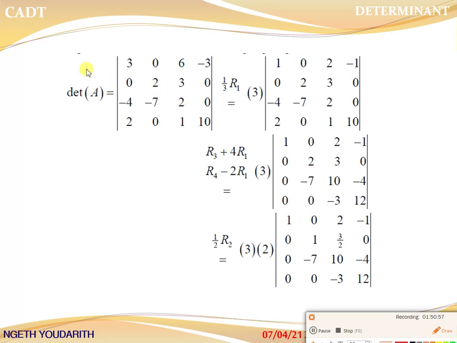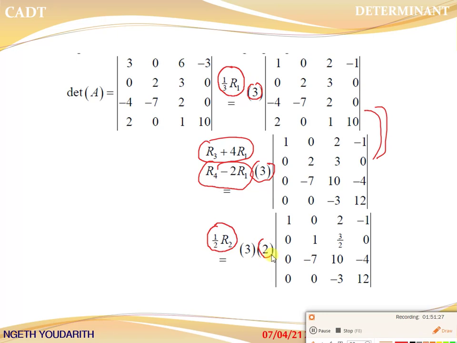This cost means we write 1 over 3 from this determinant, so this determinant is multiplied with 3. When this one plus this one minus this, the determinant is not changed, it is the same. But this one is row 2 divided by 2, so this one is 3. So we multiply with 2, 3 multiplied with 2, this one.